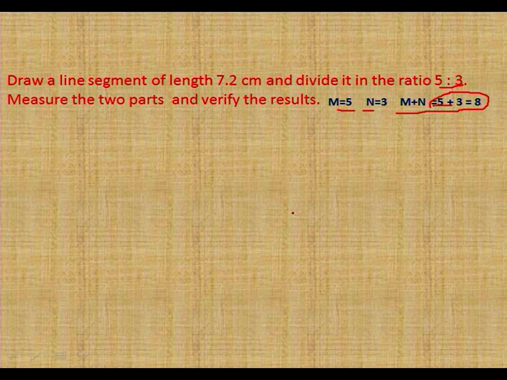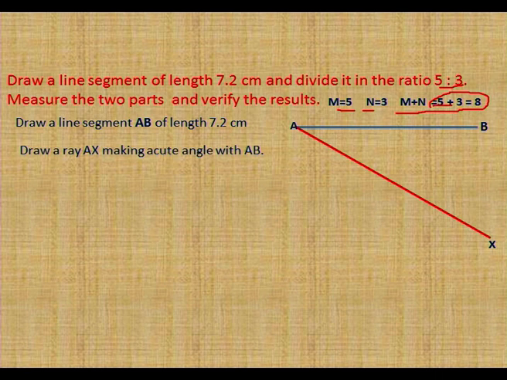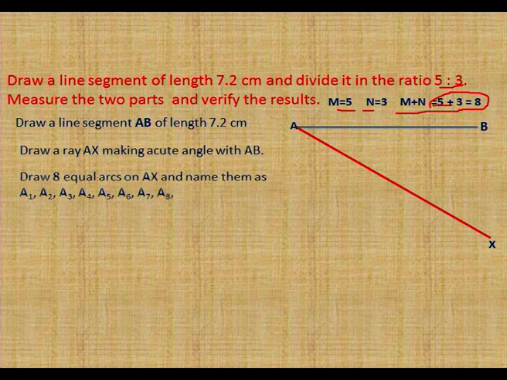Let me explain the process on the slide, and then we will see practically how to draw it in a video. Draw a line segment AB of length 7.2 centimeters. Draw a ray AX making an acute angle with AB, and we have to divide it into 8 divisions.